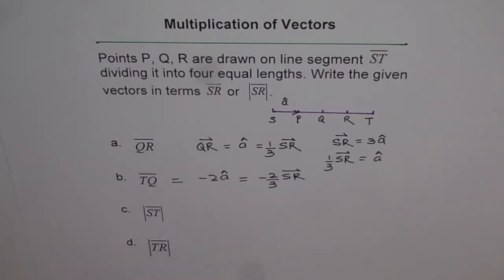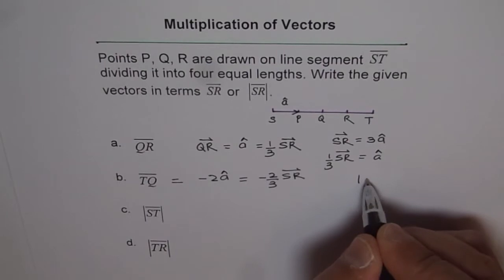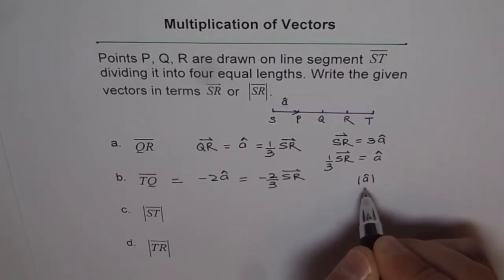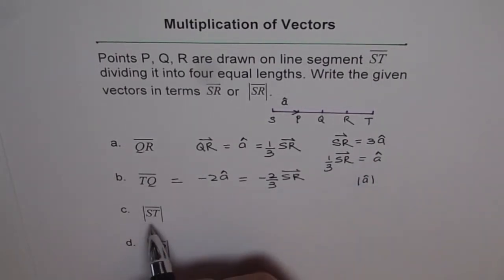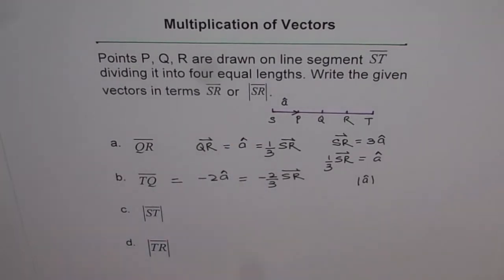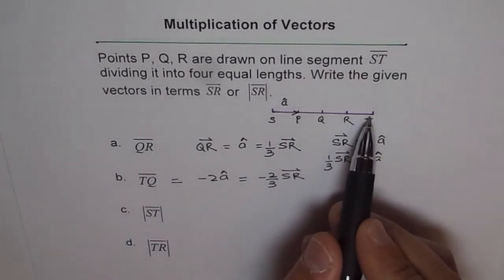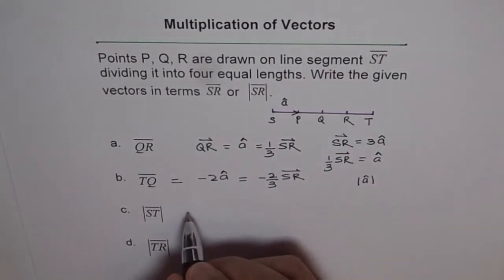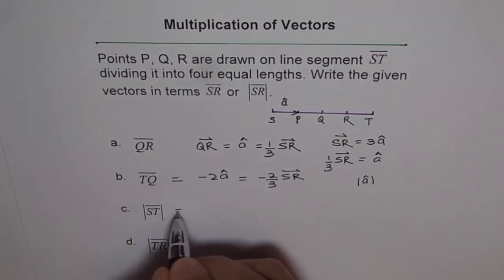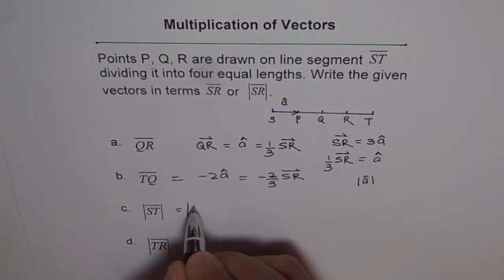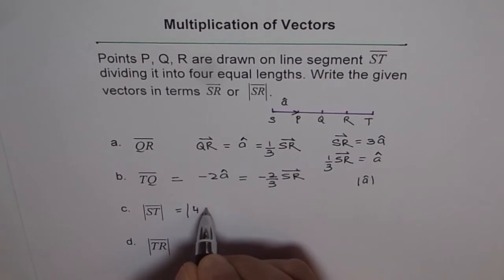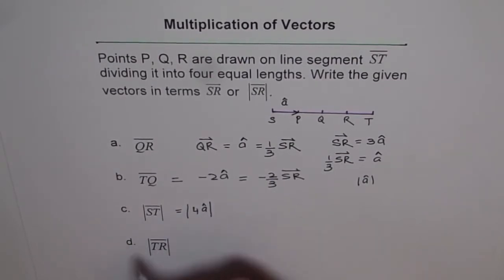Now let's go for the magnitude. Magnitude is a scalar quantity, so for writing magnitude, we have to use magnitude of SR. Remember that part, don't forget that. ST, that means S to T, is actually 4 times A. So we write this as magnitude of 4 times A. The 4 can be taken outside because 4 is a number.